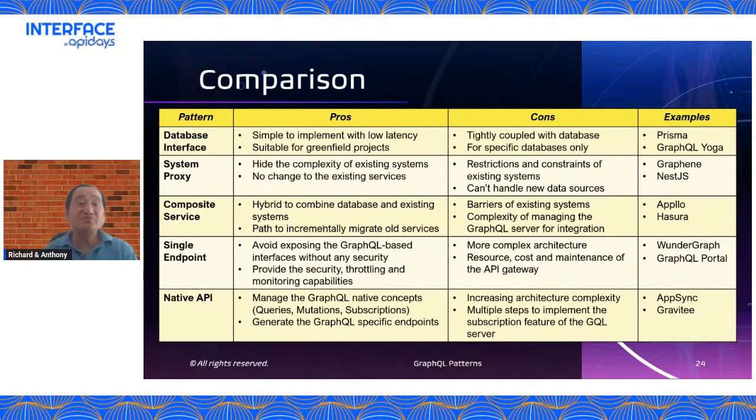So that's the benefit for very fast migration of older services. On the other hand, barriers of the existing system, that's similar to case number 2, and also the complexity. When you want to do some aggregation of these things, and sometimes, because of the incompatibility of the different data elements, it will create, I would say, challenges to us.